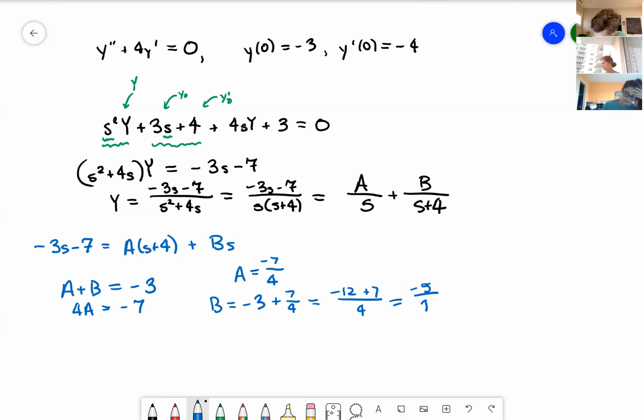Minus 5/4. So we've got our A and B. Shifting back to black pen, I get minus 7/4 over S plus, I'm just going to write it as plus the negative fraction over S plus 4.